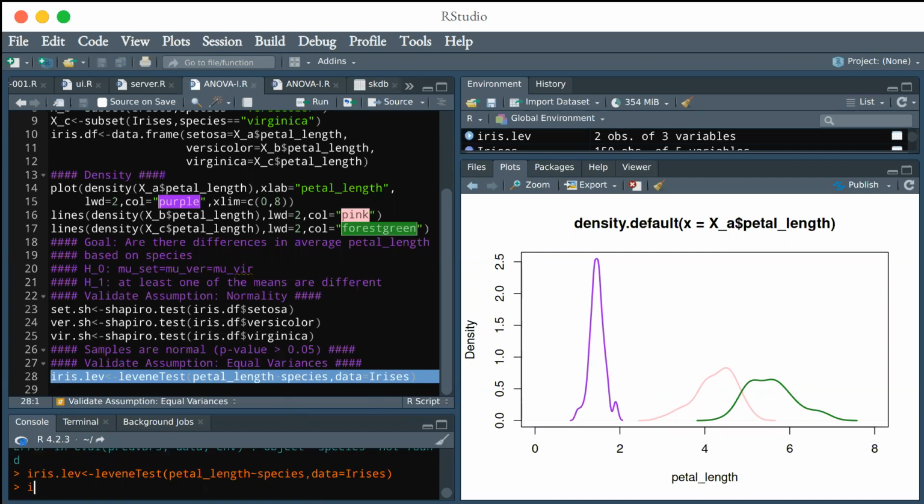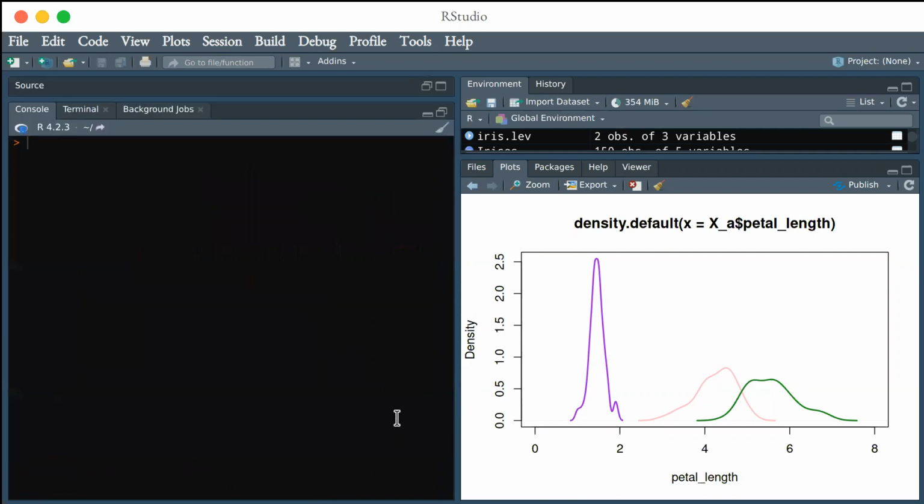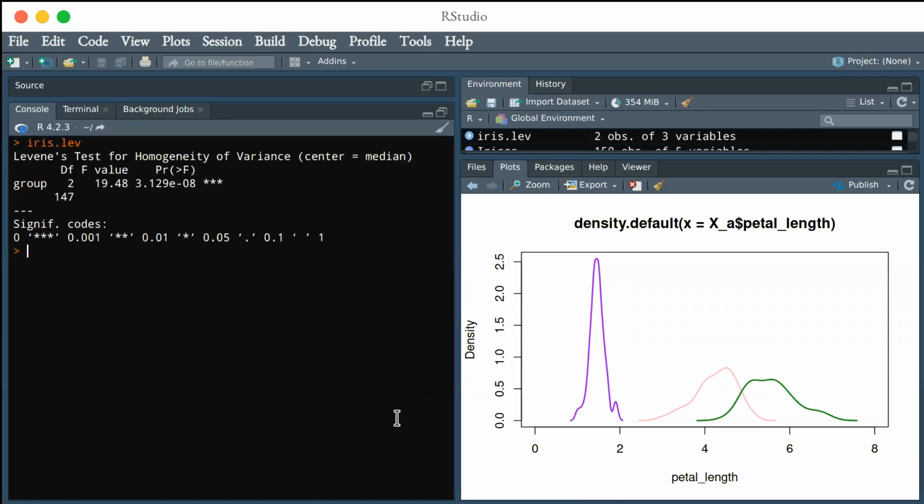In most other packages, the data set is simply called iris, even in the Python library. Okay, so that is our Levene's test output. Levene's test is the test for homogeneity of variance.